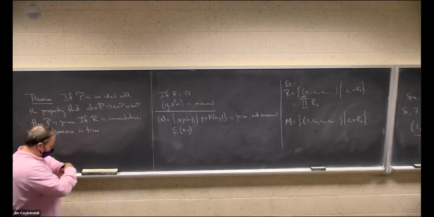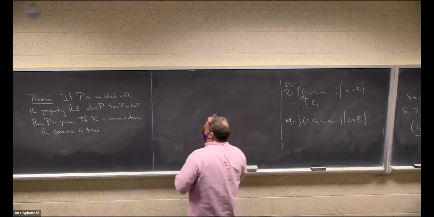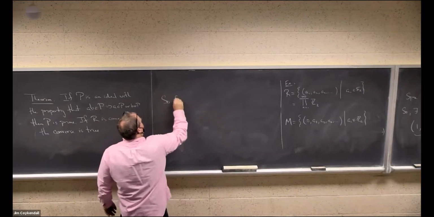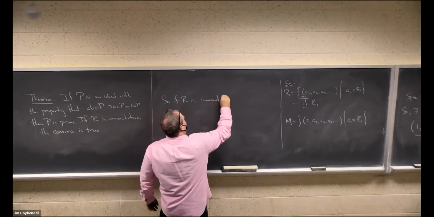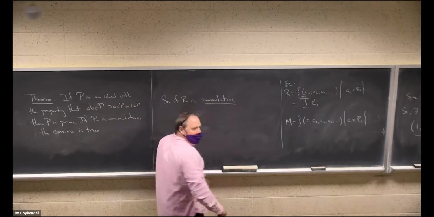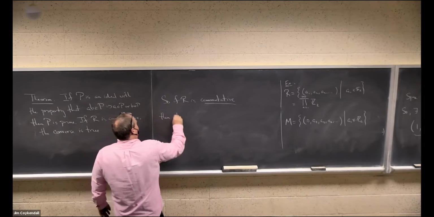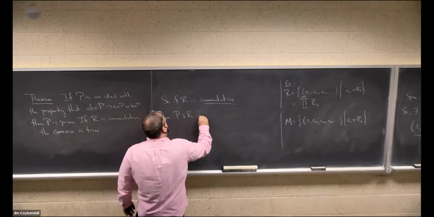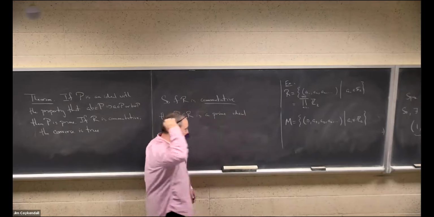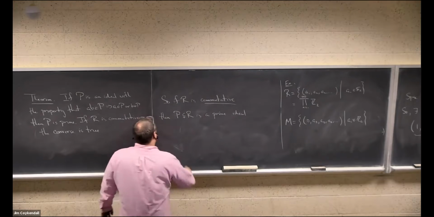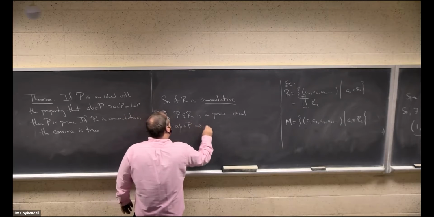So let me finish off this remark here. So the takeaway: another good plug for why I like commutative rings. If R is commutative, then P in R, a prime ideal, P is prime if and only if AB in P implies A in P or B in P.